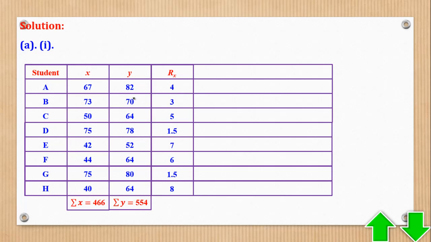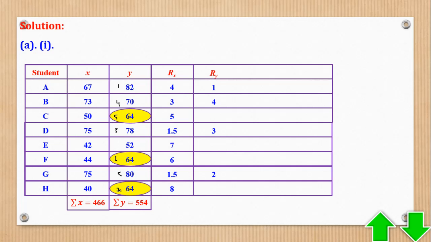What about for Y? For Y it is still the same: rank in descending order. First is 82, followed by 80, followed by 78, followed by 70, followed by 64, but 64 has 3 identical values. So they would have been positions 5, 6, and 7.